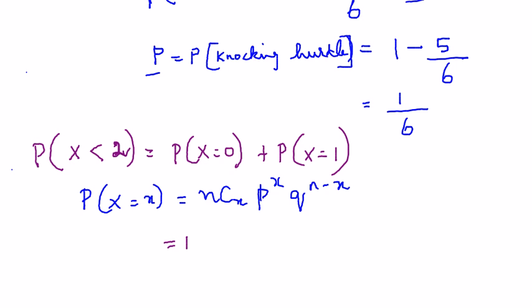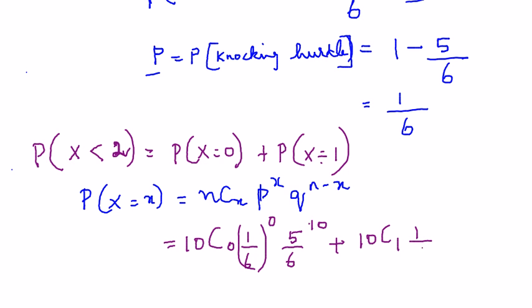So it is 10C0 p, which is 1 by 6 power 0, q, which is 5 by 6 power n minus x. n is equal to 10, right? 5 by 6 power 10 plus, for P of x equal to 1, it is going to be 10C1 into 1 by 6 power 1 and 5 by 6 power 9.